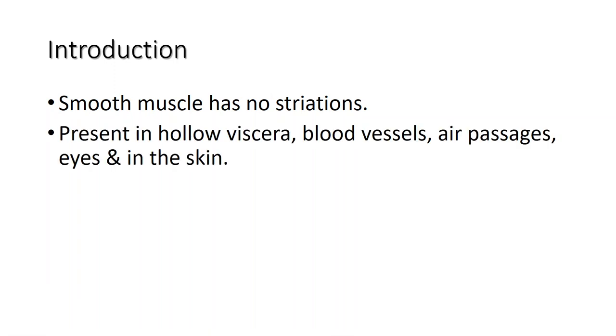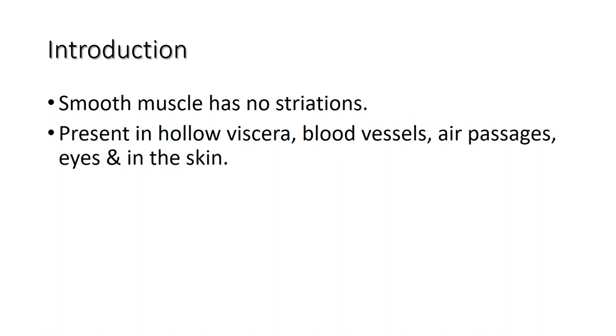Smooth muscles are present in the walls of hollow organs like the urinary bladder, uterus, stomach, intestine, and in the walls of passageways such as the arteries and veins of the circulatory system, and in the tracts of respiratory, urinary, and reproductive systems.